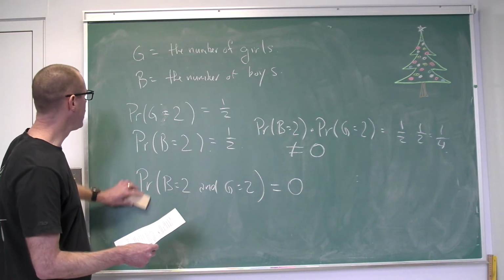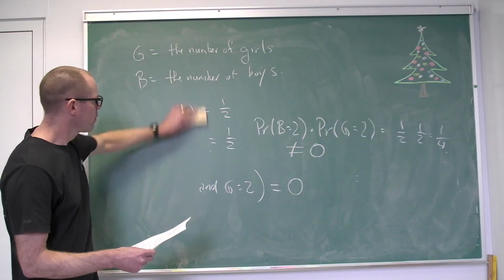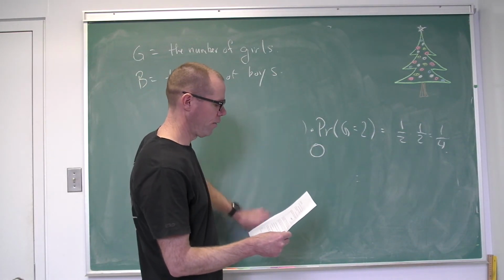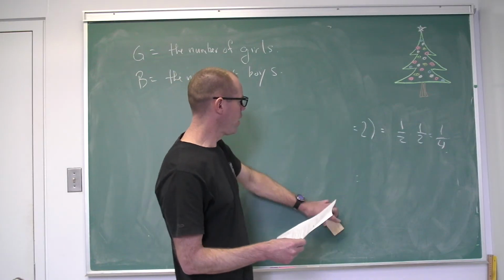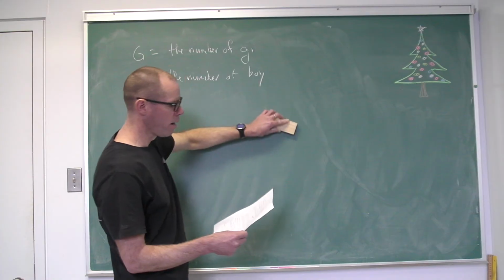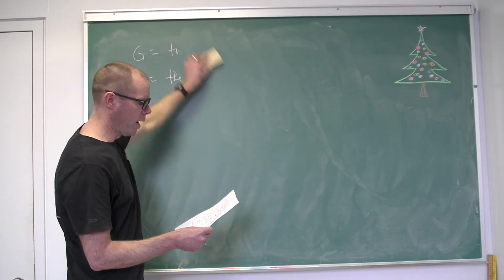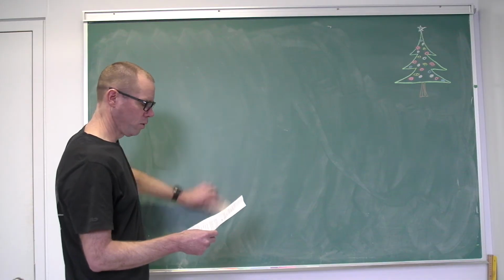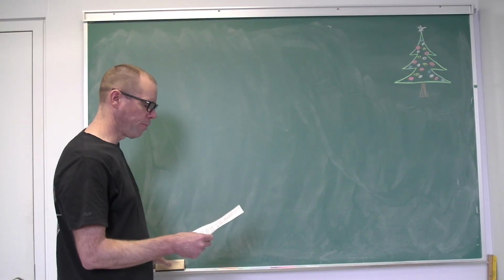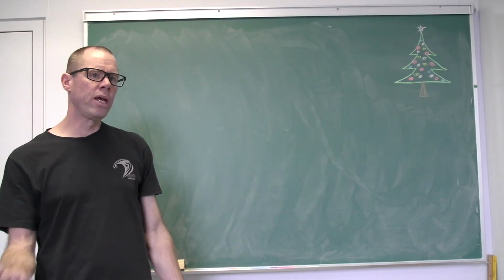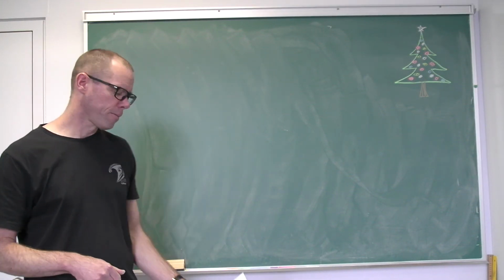Question 23 asks, you have a fair red die, so that's the cube with 6 sides on it with the numbers 1 through 6 on it, and a fair blue die, and you do the following experiment. You roll the red one, you roll the blue one, and you take the sum of the 2 numbers.